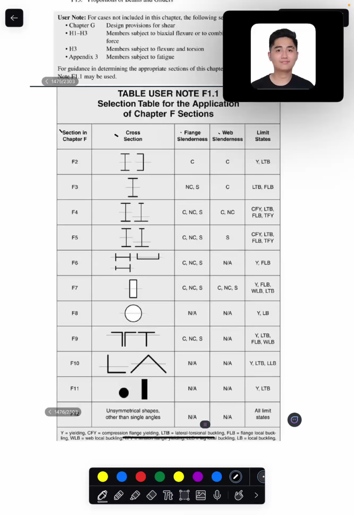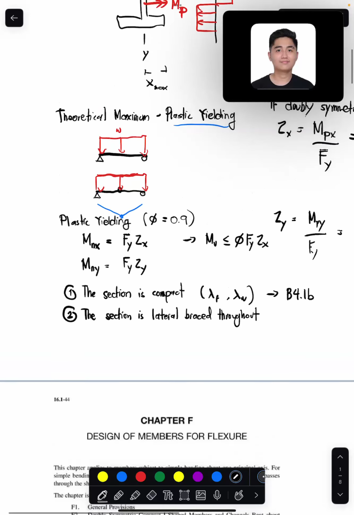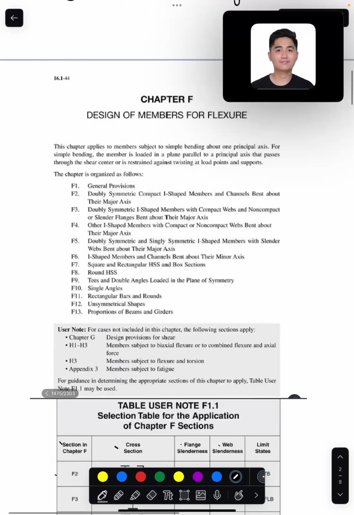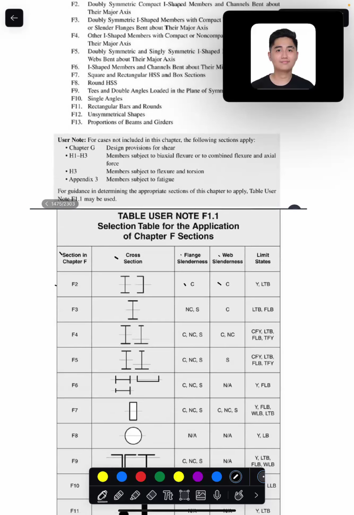F2 pertains to conditions where the section is compact, both the web and the flange.